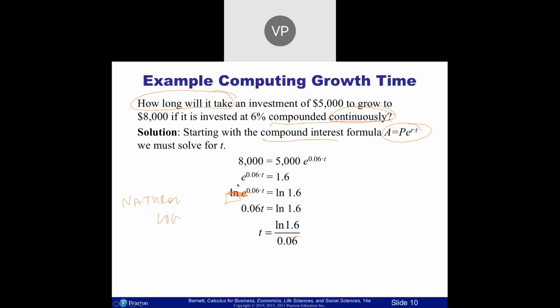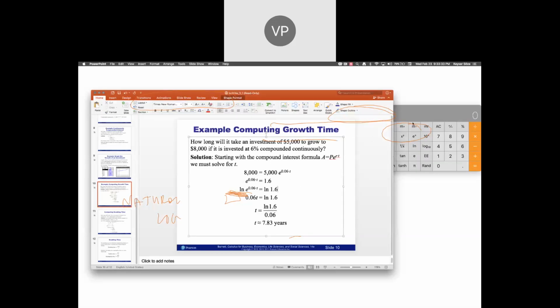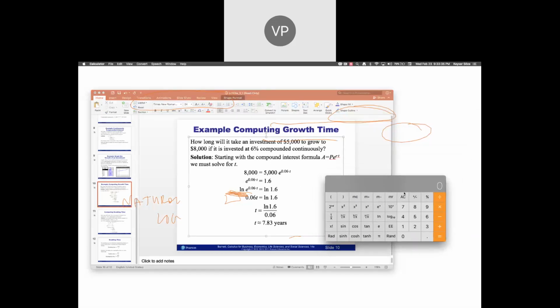And like always, I want to make sure we can do this in our calculator. All right? So we see the answer on the screen, but make sure you know how to do this. To find a natural log, on some calculators you hit the ln button and then the 1.6 and you hit equals. The majority of them you do sort of backwards. You type in the 1.6. Then you hit the natural log. So that's what's on my screen.